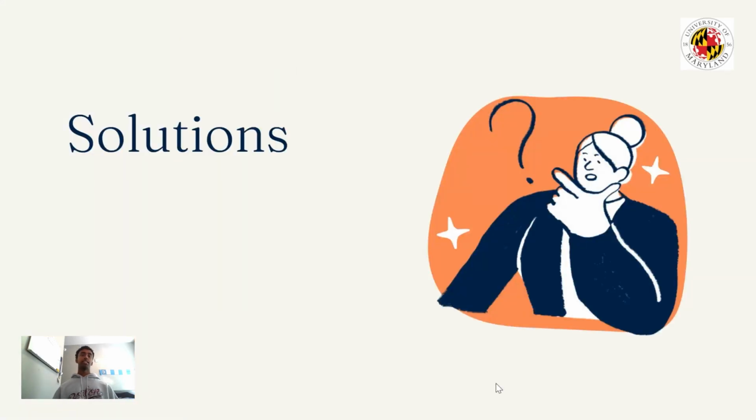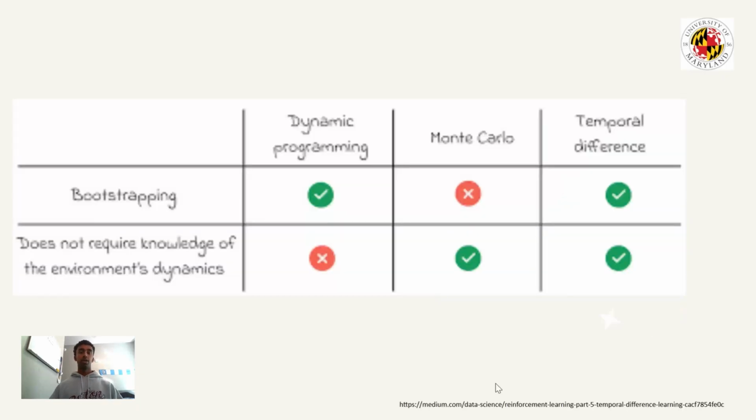Now we can apply these functions in some popular RL-based algorithms. We have dynamic programming, Monte Carlo simulation, and temporal difference strategies. And the main differentiator between these has to do with bootstrapping, which is updating your policy without waiting for a full episode to end, and knowledge of environment dynamics, which refers to the reward for any given state action pair.